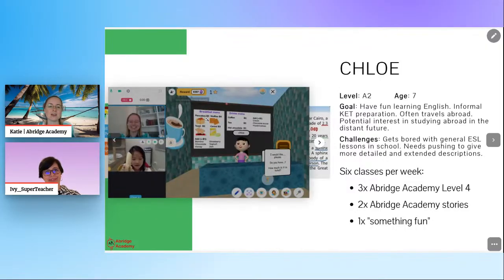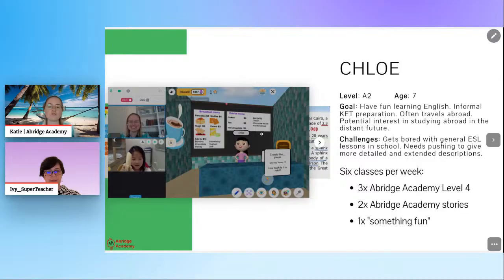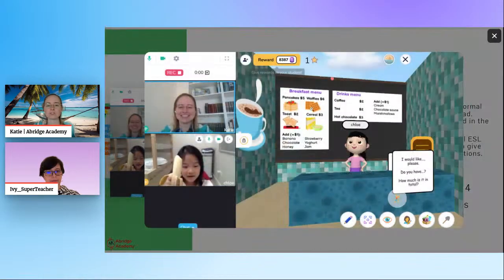More fun things. We've also been playing around a lot in Koala Go, I use Koala Go as my teaching platform, and I've built a lot of these role play scenarios based on what she's doing in the core lessons. So in this particular one, for example, the lesson was about ordering food in a restaurant. So I put up in Koala Go, it only took a few minutes to create a very simple restaurant scenario, put in the key sentence structures that we're practicing, an example menu, and then we just role played that scenario of going into a restaurant ordering food.